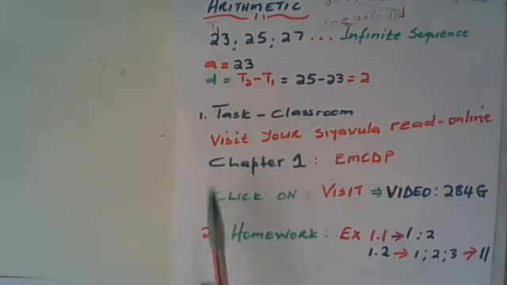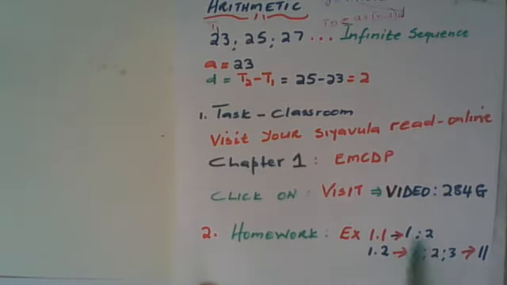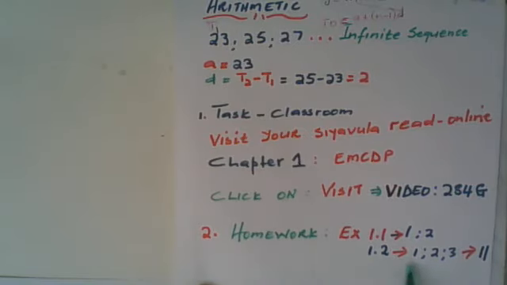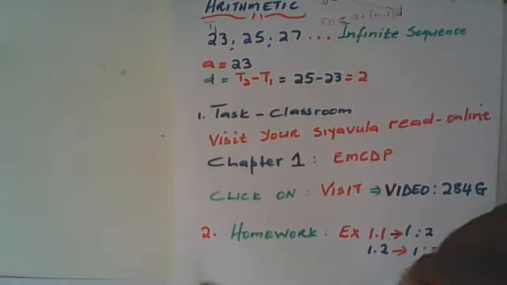Thereafter you do task number 1 exactly as shown, and then exercise 1.1, number 1 and the rest, 1, 2, 3, and so on. Then you move to exercise 1.2, 1, 2, 3, up to 11. You do that online.